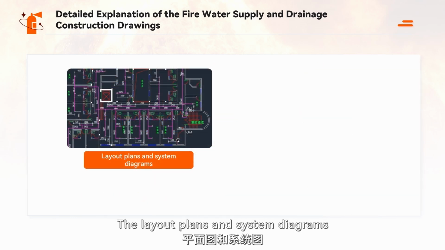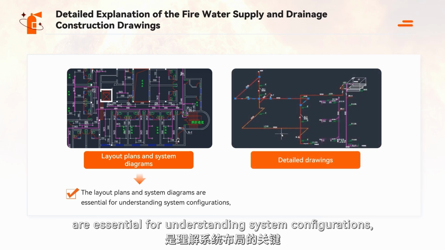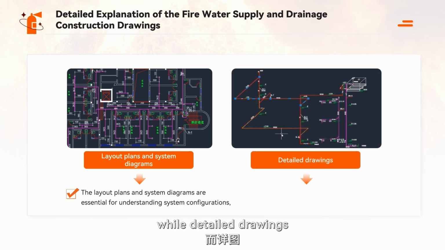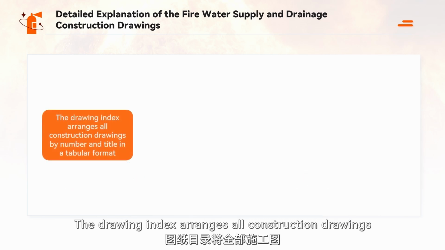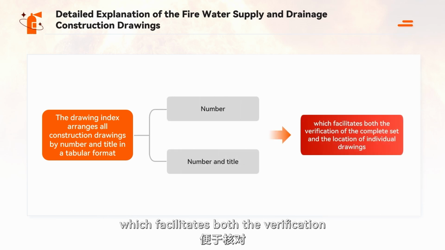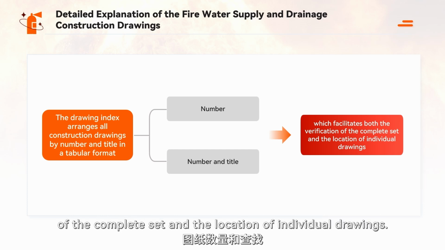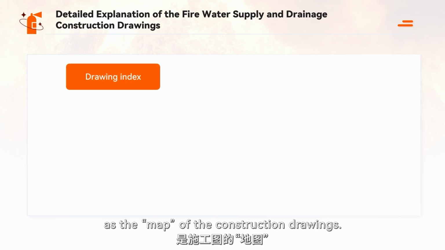The layout plans and system diagrams are essential for understanding system configurations, while detailed drawings offer specific guidance on construction. The drawing index arranges all construction drawings by number and title in a tabular format, which facilitates both the verification of the complete set and the location of individual drawings. Think of the drawing index as the map of the construction drawings.